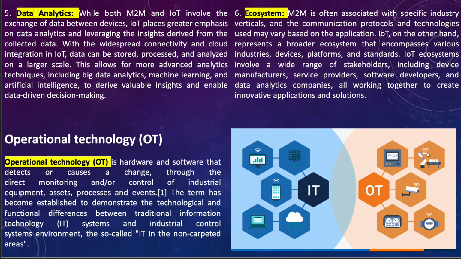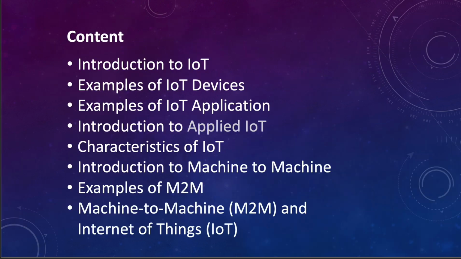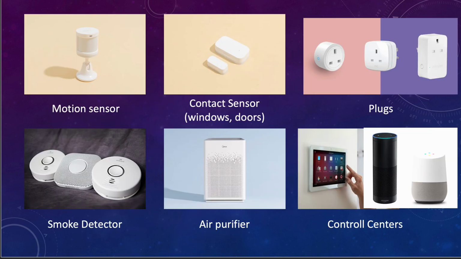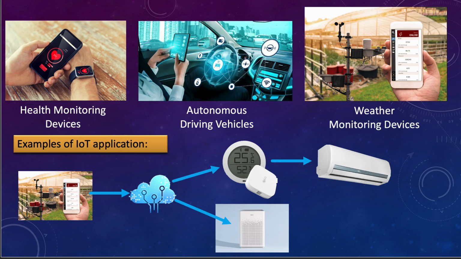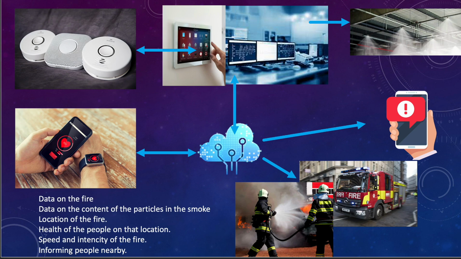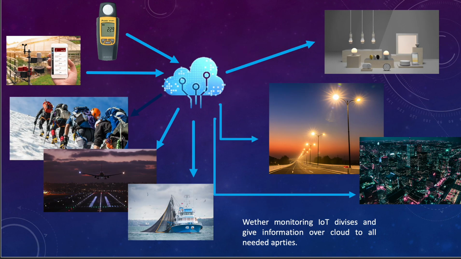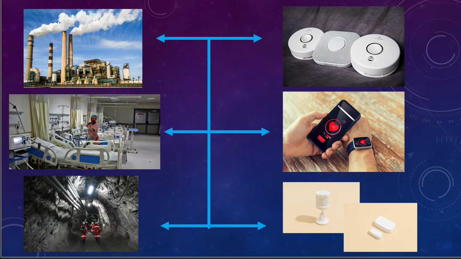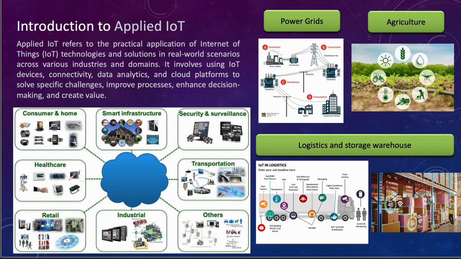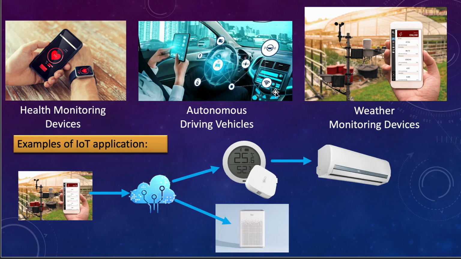So as we have an understanding of applied IoT, we could understand the vast nature of usage of IoT in different sectors. We talked about how Tesla has its own IoT.